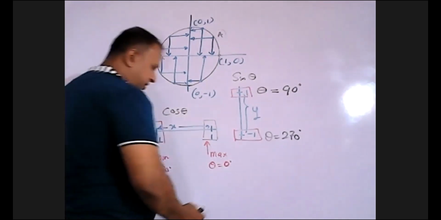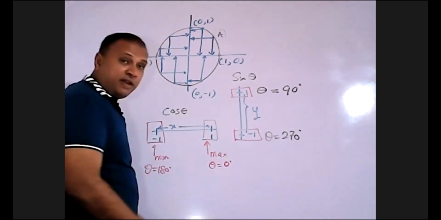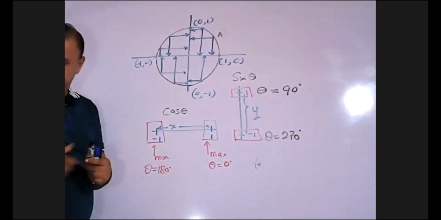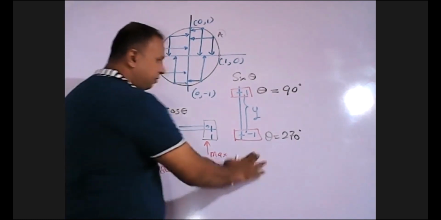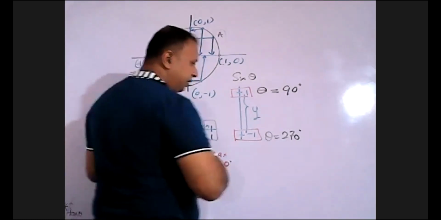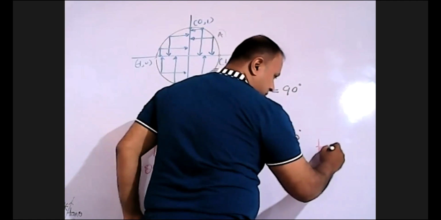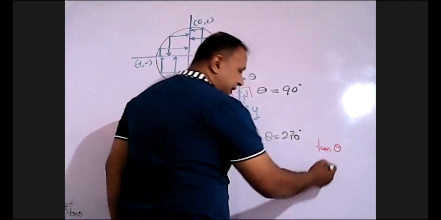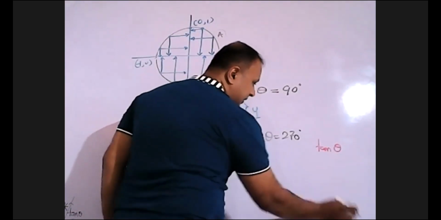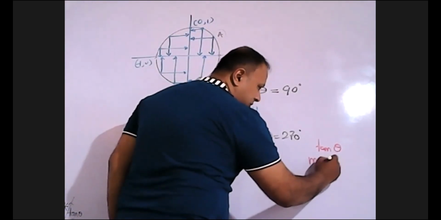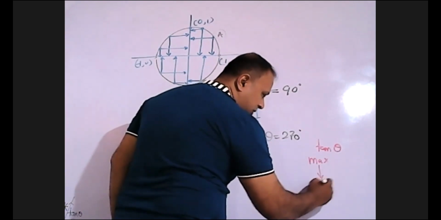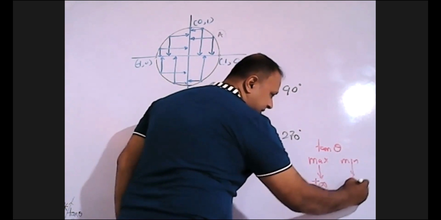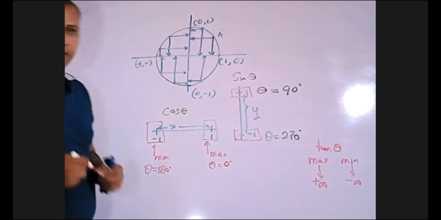If we consider tan value, I can write here tan theta. Tan theta: the maximum one means plus infinity, the minimum one means minus infinity.